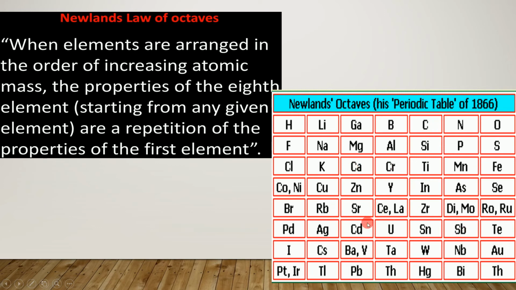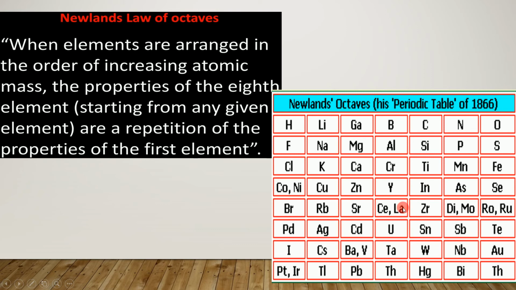No gaps, isn't it? The first major drawback of Newland's was he thought that there were only 56 elements in nature, that is up till thorium. So keeping his thought that only 56 elements existed in nature, he did not leave any gaps in his periodic table.